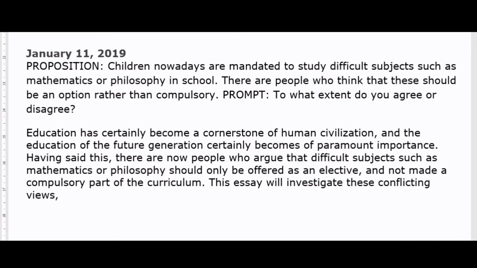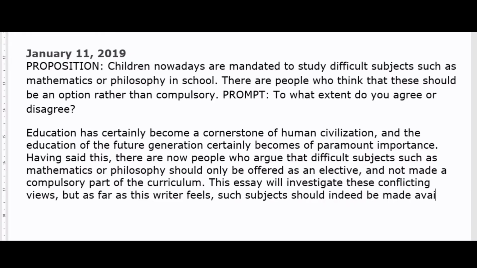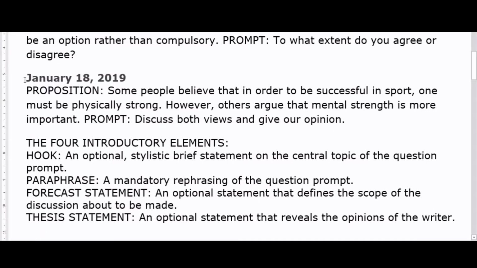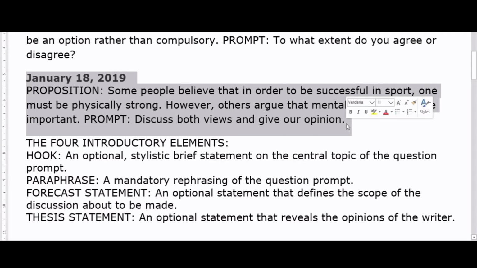In the end, maybe we'll now segue into the thesis statement. But as far as this writer feels, such subjects should indeed be made available to all learners. Okay, there. So all of that are now the elements of the introduction for that particular question prompt that logged as 78 words. Okay, the 4 elements.